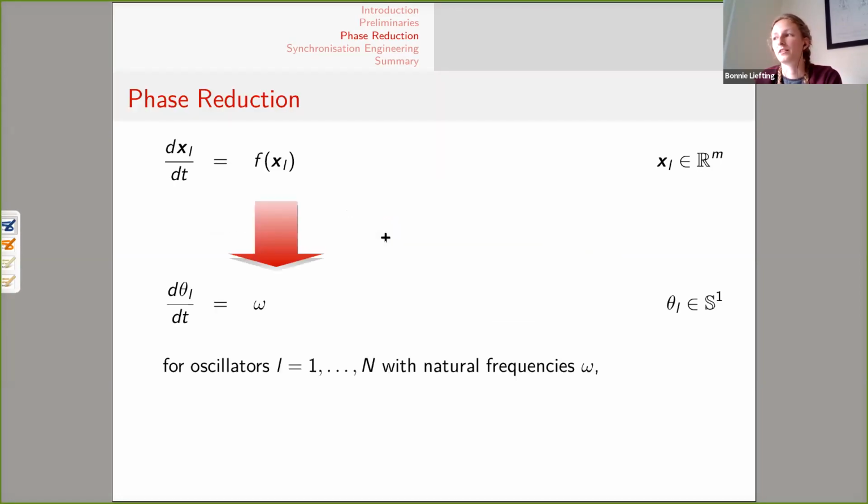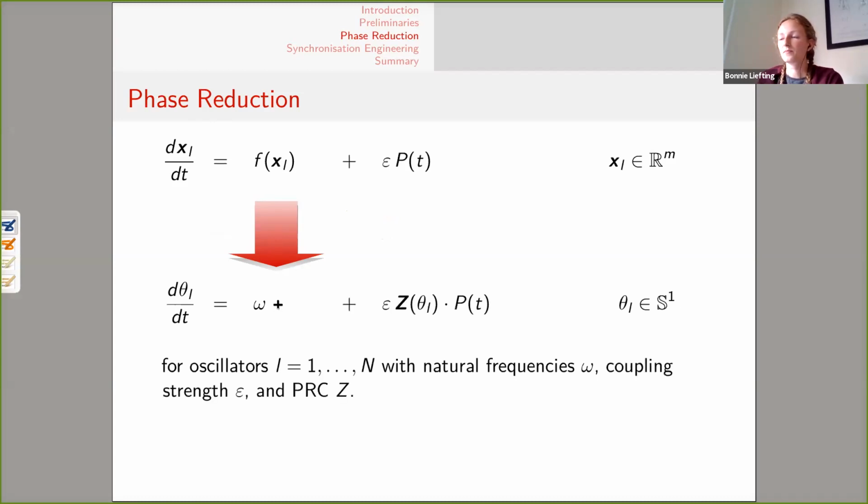And this is just phase reduction in equations. So here we have some oscillator. And if we do a phase reduction when there's no feedback and nothing happening, then it would just reduce to the frequency of the oscillator.